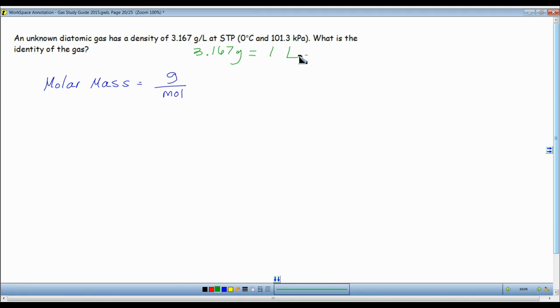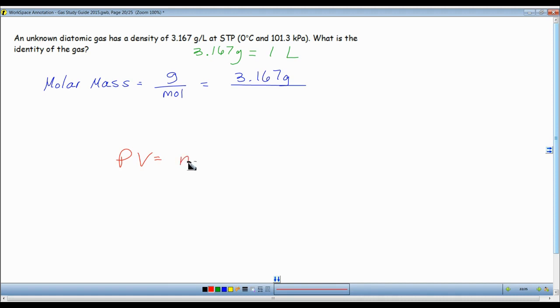Grams per liter. Mass for 1 liter. Oh, grams. I could use that. And to do molar mass, I need grams. Here's the grams. 3.167 grams. But now I need moles. And for that, let's do pervert.